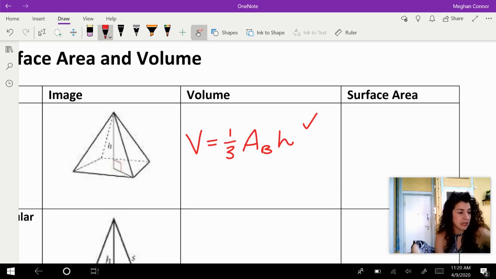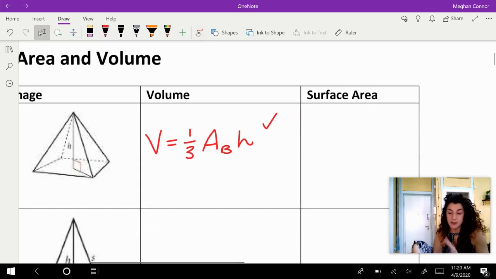Now, the surface area is not in your formula packet. The surface area you have to think about as all of the surfaces together. So finding the surface area, every single face, every surface of that pyramid has to be broken apart.